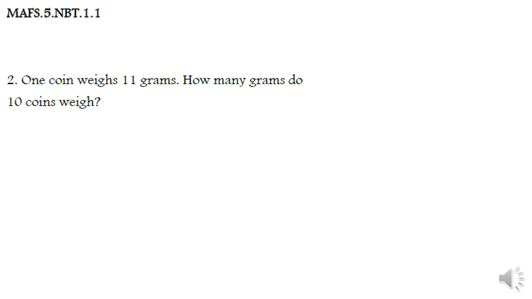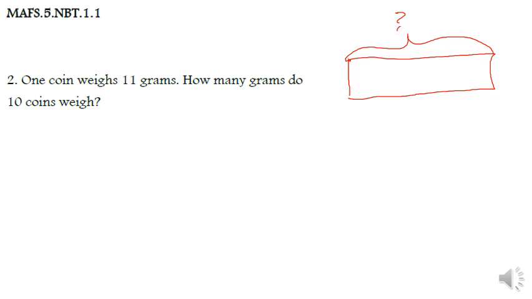One coin weighs 11 grams. How many do 10 coins weigh? Well, if you were to do a tape diagram real quick, you know the total here is what we're looking for. And we know we've got 10 of them. There's 5 on this side and 5 on this side.